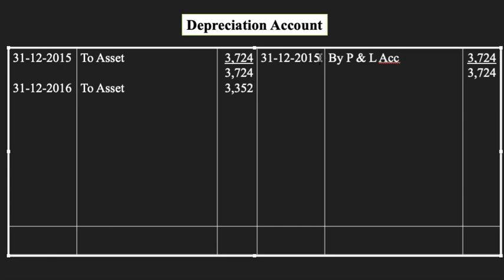So here we are going to write down on 31st 12 2016 by profit and loss account, right? By profit and loss account, how much is the value here? The figure here is 3352, and we are going to tally it. Fine.